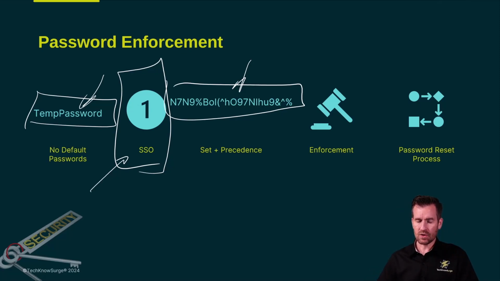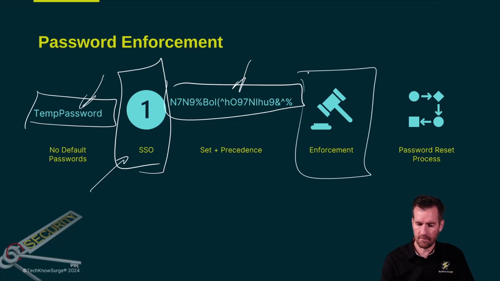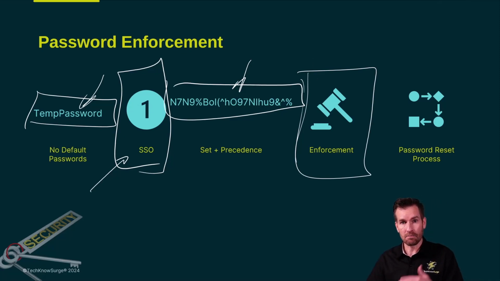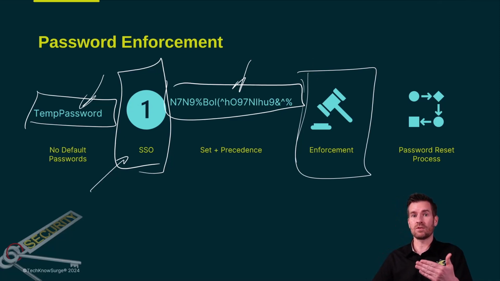And then another thing: it's not enough just to take something away from somebody. You need to have some sort of enforcement. As an example, as we said, make sure you screen your passwords to make sure that users are using good passwords. But if you find repeat offenders doing the same thing over and over again, they're not going to change their habit unless something becomes painful. So sometimes you have to enforce that.